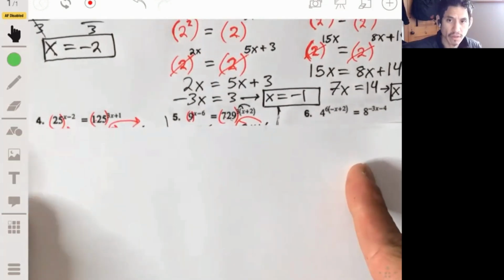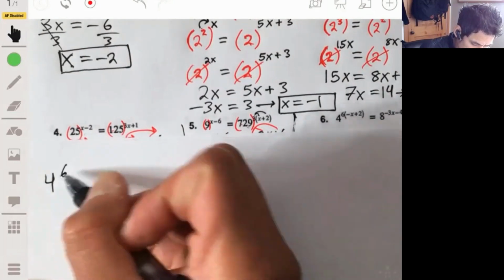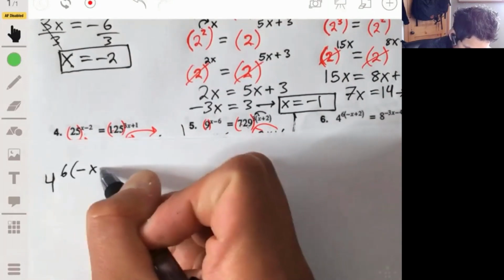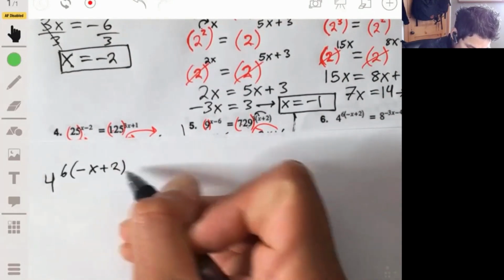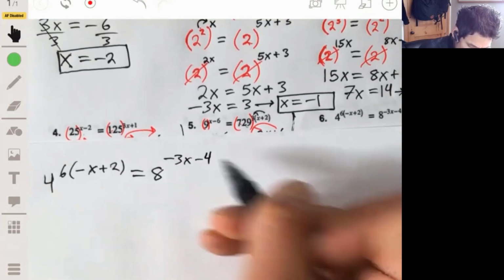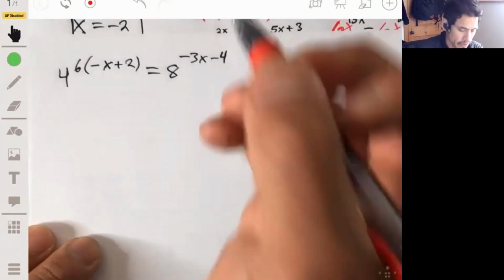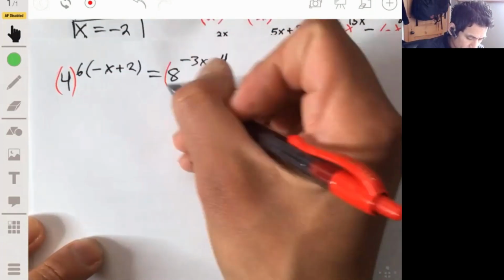Problem 6. Problem 6 is 4 to the 6 times negative x plus 2 equal to 8 to the negative 3x minus 4. So here the bases are 4 and 8.